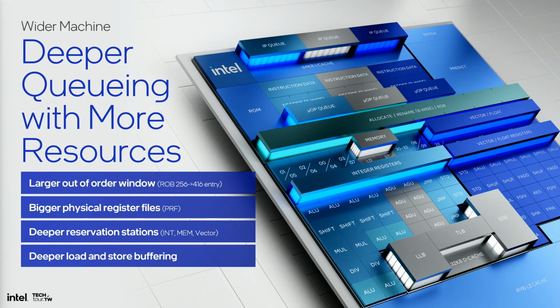In Skymont, we're about 60% deeper. So here we have a 416 entry out-of-order window. Going along with that, there are lots of resources that need to scale up: physical register files, reservation station entries, load and store buffering. All of those are larger in the Skymont microarchitecture.